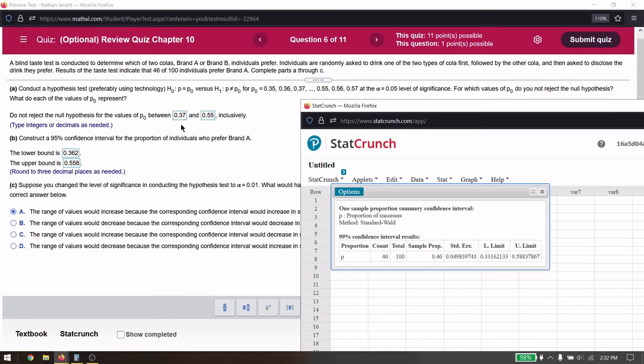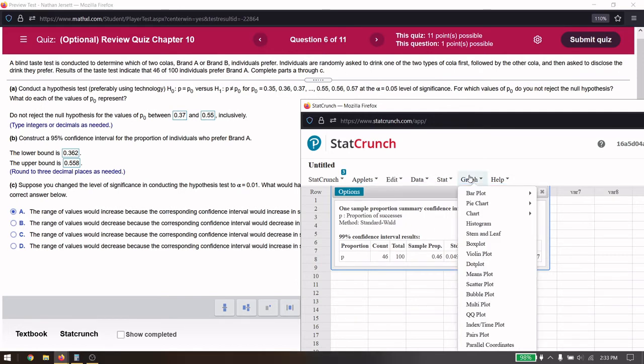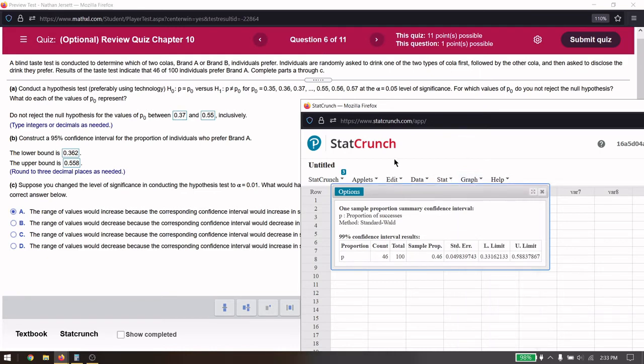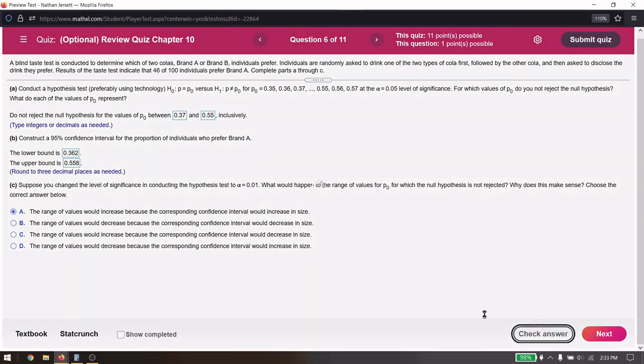And in fact, there would be no numbers in this range where we would not reject. So we would always not reject the null hypothesis for all these numbers if we make alpha 0.01. Okay, that's correct.